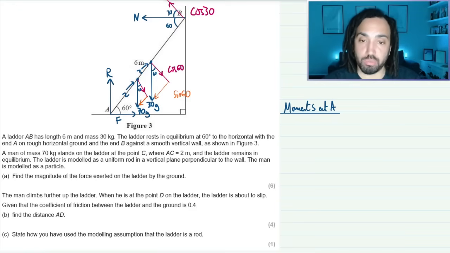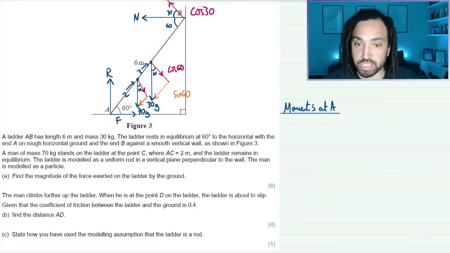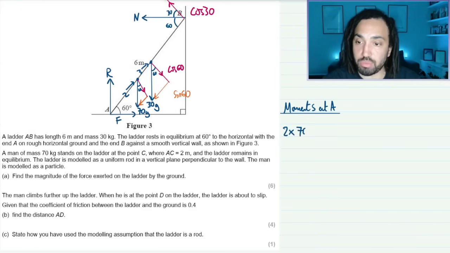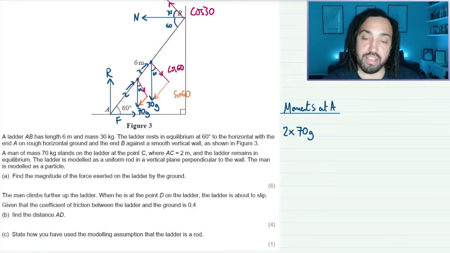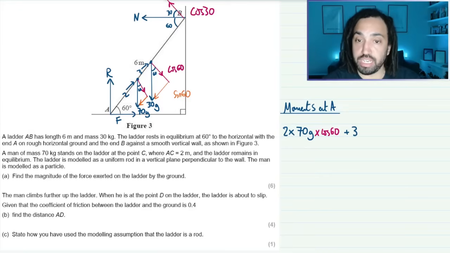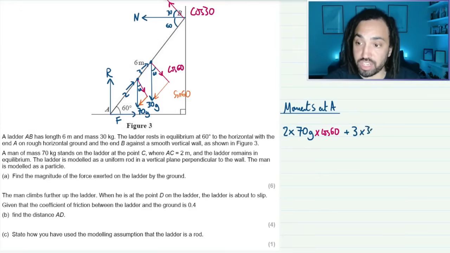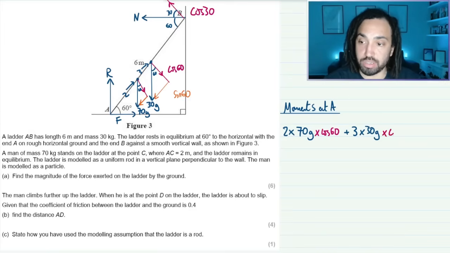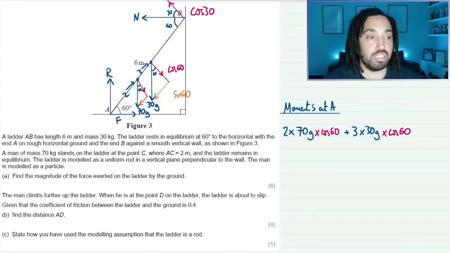What have we got going on? Let's look at the weight of the person first. That's 2 meters away. The weight is 70g, and we're multiplying by cos of 60 to get the perpendicular force. Perfect. What else have we got going on? Again, the weight of the ladder, 3 is the distance away, and the weight is 30g, and we're multiplying that by the component perpendicular, which again is cos 60.